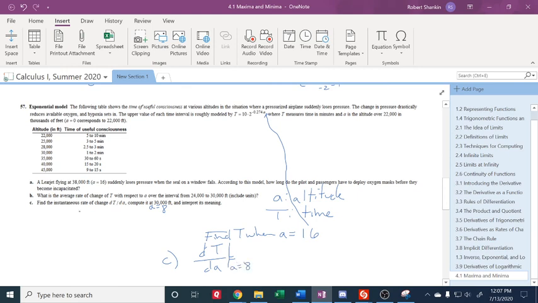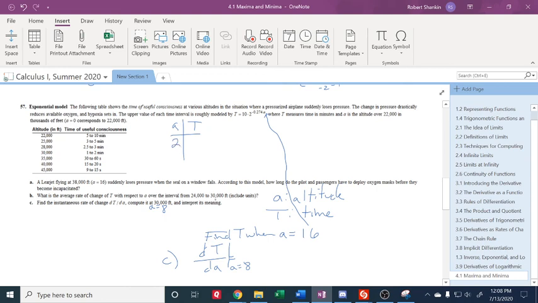8. That's for C. And for B, find the average rate of change of T with respect to A on this interval. We might make a little A and T chart. And when we have 24,000 feet, that means A is 2.